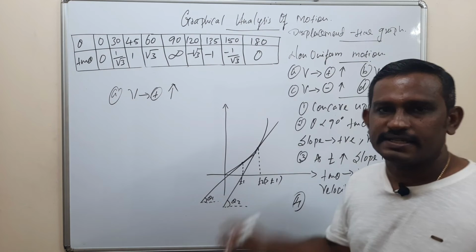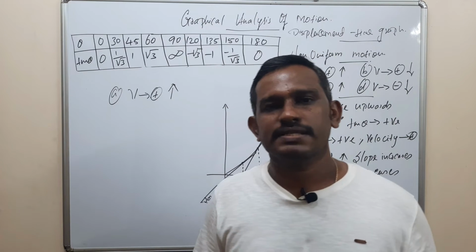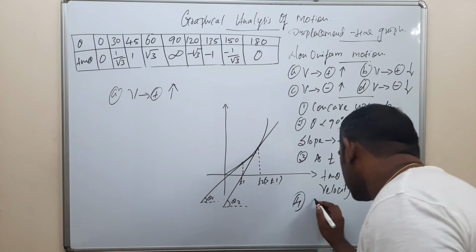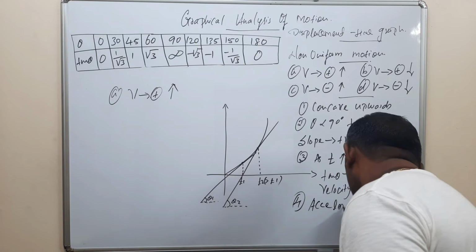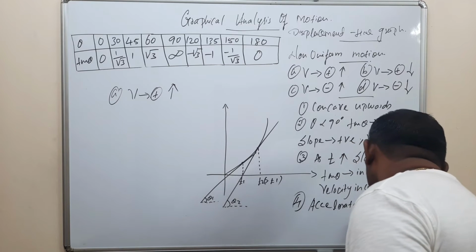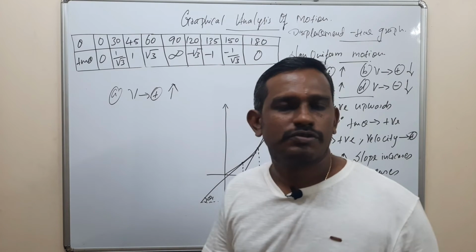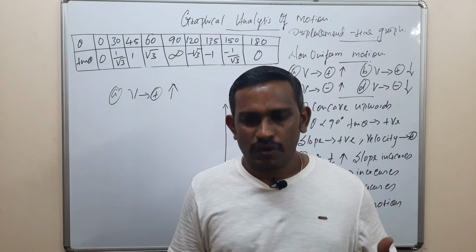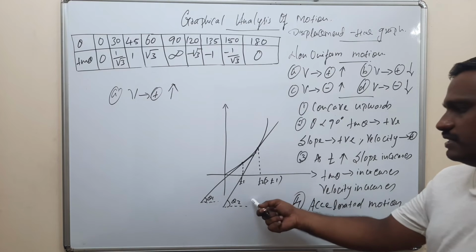In this case, as velocity increases, acceleration also increases, because velocity increasing means it is an accelerated motion. So what is the direction of the acceleration? Acceleration is also in the direction of the velocity in this case.